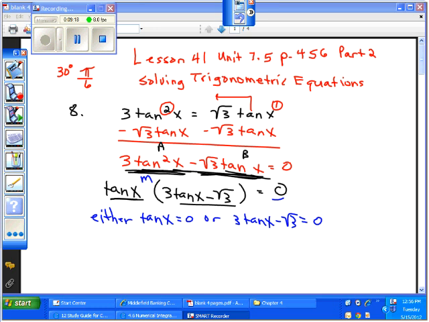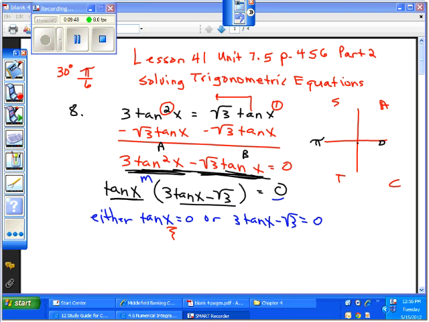Now this one's already ready to go. Tangent of what is 0? We go back to our unit circle, smart trig class, but we want 0. The tangent of 0 is 0, and the tangent of pi is 0. Now, where do we start?